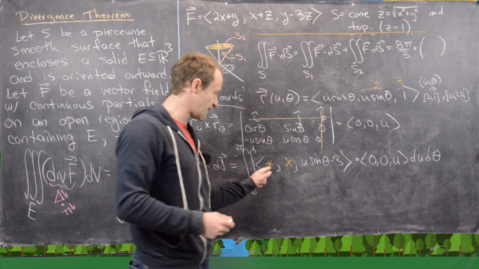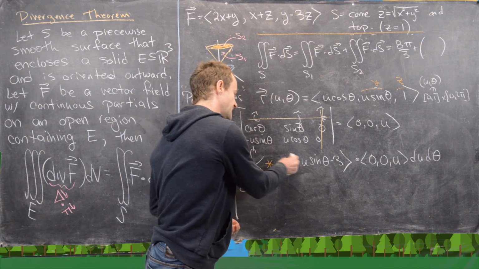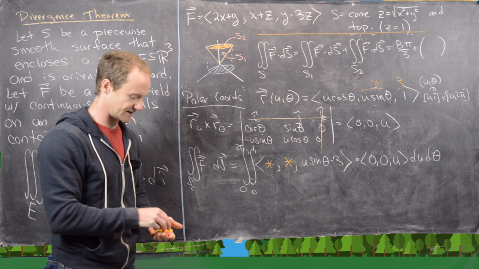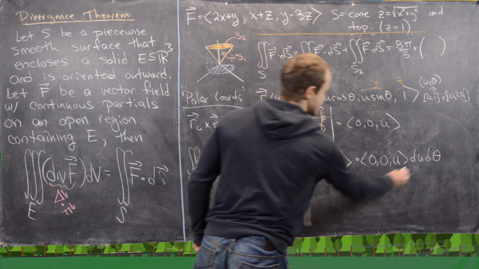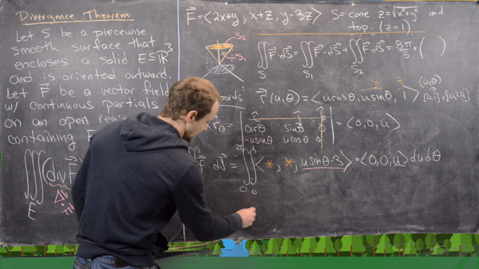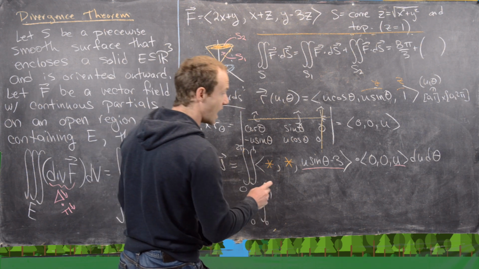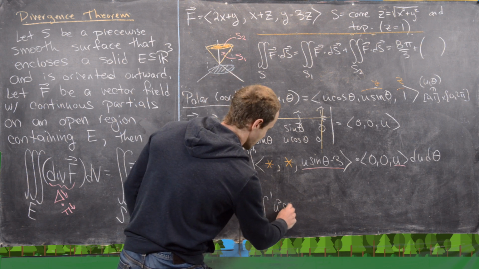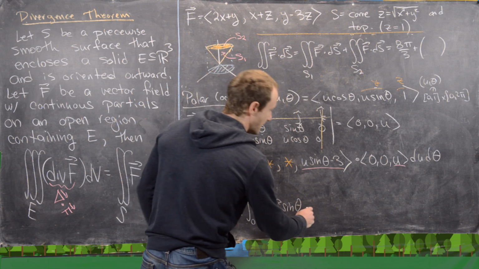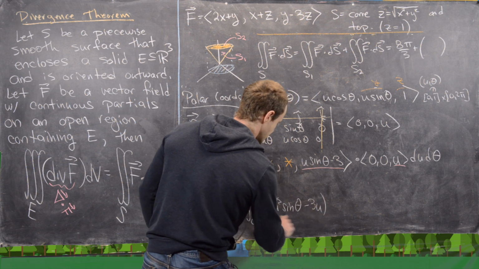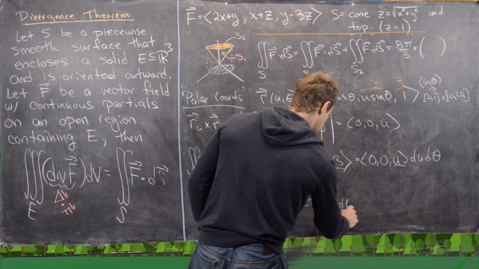But like I said, we didn't need these first two parts because we're dotting them into 0, so that doesn't even matter. All we need is this times that. So that's going to give us the integral from 0 to 2 pi, the integral from 0 to 1 of, let's see, we have u squared sine theta minus 3u du d theta.